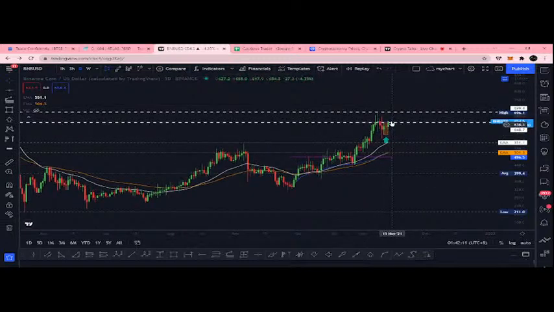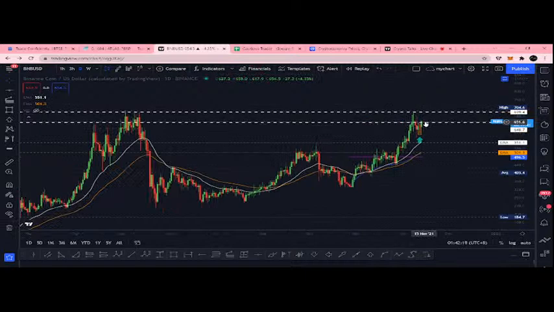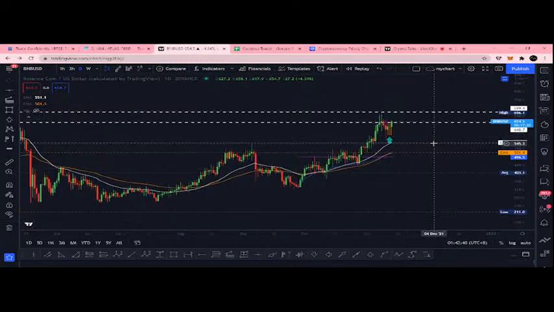However, we'll look at this recent candle because there is a doji and then a green candle, and it's not yet closed. If this recent candle closes below the doji, I'll expect it to retest at least the 550, which is the EMA.